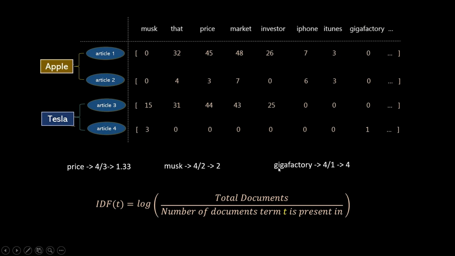The words with low frequency, gigafactory and Musk, have their inverse document frequency values increased. So the words Musk and gigafactory, which are very specific, representing the specific company and the classification variable, are given priority or a high score compared to more generic terms like price. This happened because of the inverse document frequency calculation. Okay.